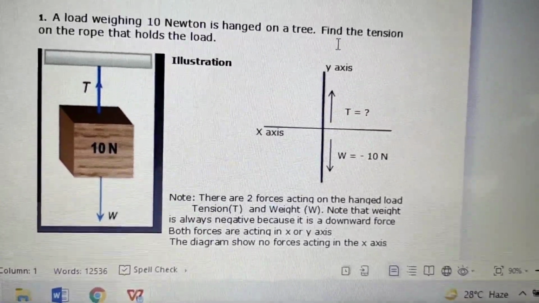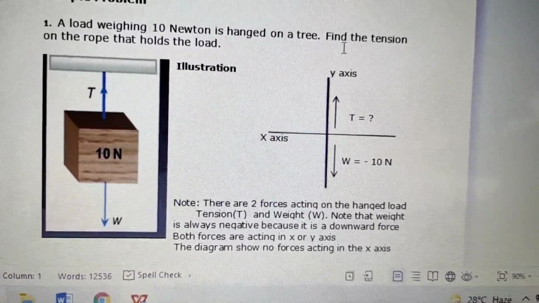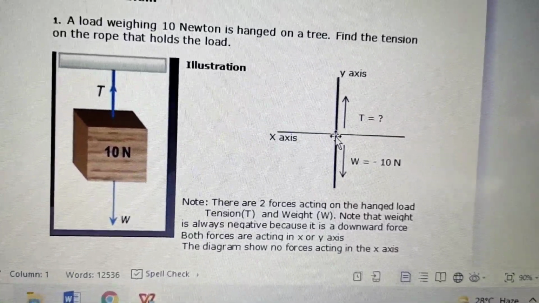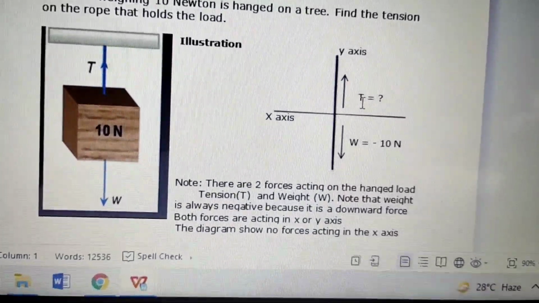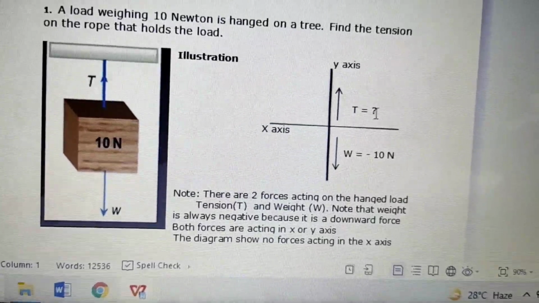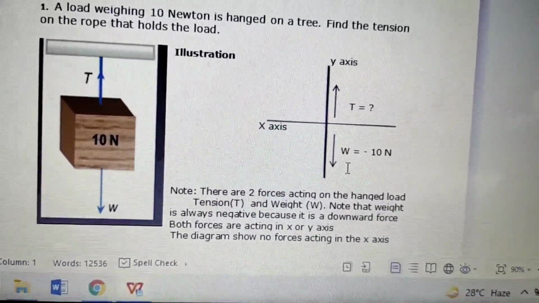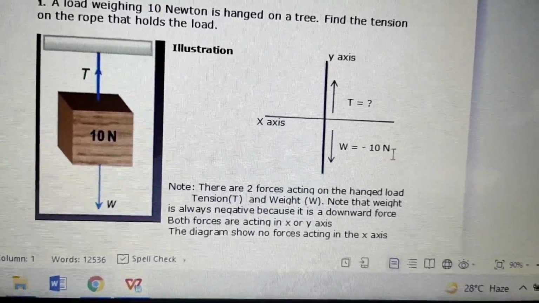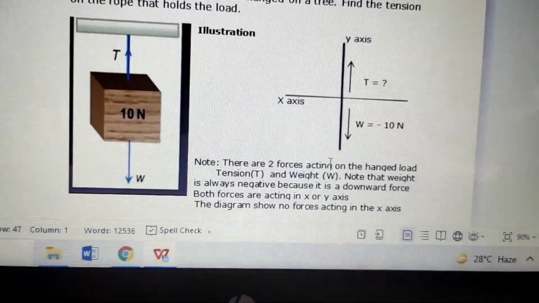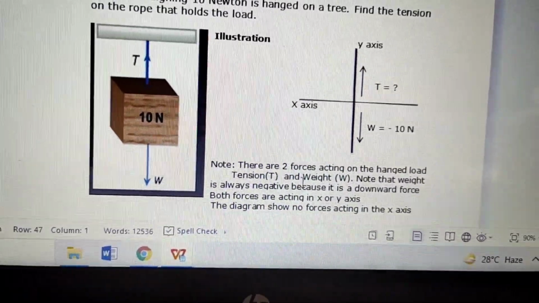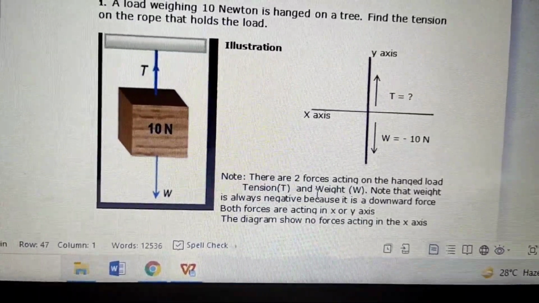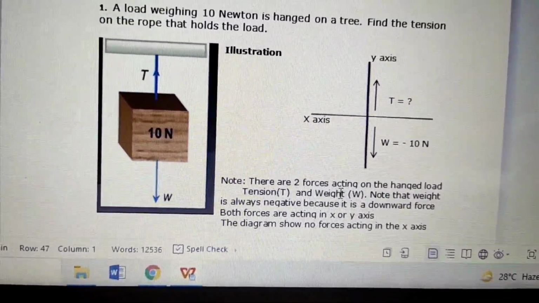In the problem, we need to find the tension of the rope that holds the load. It is represented by T, and it is the unknown. The weight of the load is given, which is 10 newtons. Note that there are two forces acting on the hanged load, the tension force and the weight.